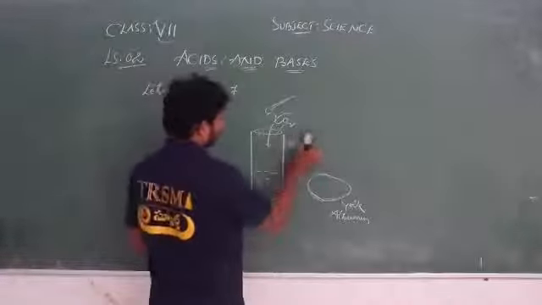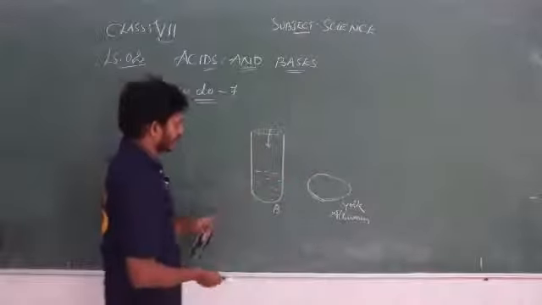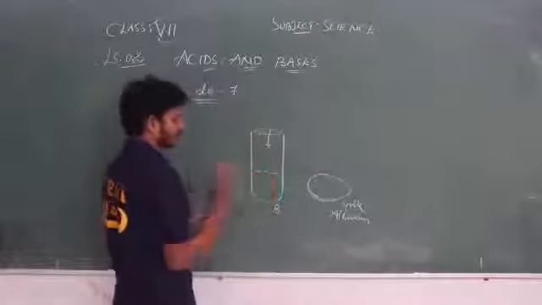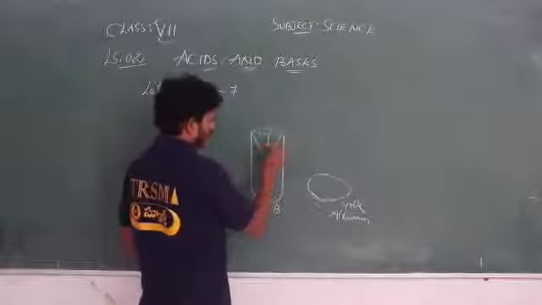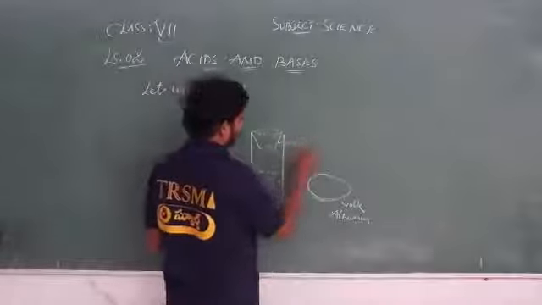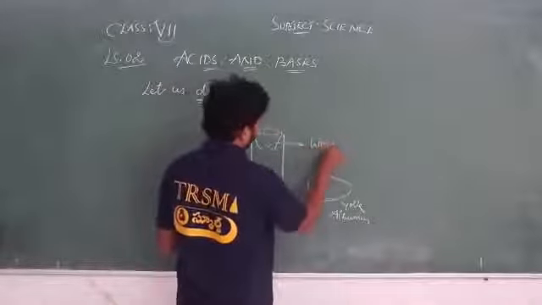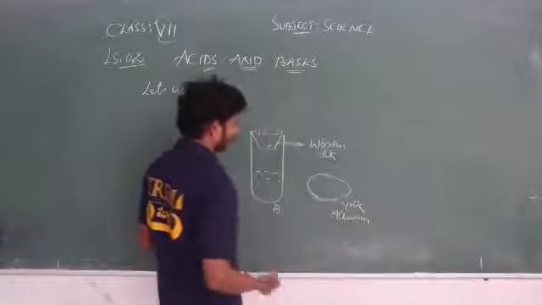Okay, here these are the ingredients which are taken: lemon juice, and also the eggshell, or CaCO3, calcium carbonate. This is fixed with a cork. This is a single hole rubber cork.